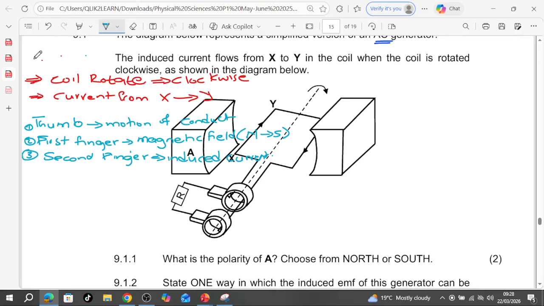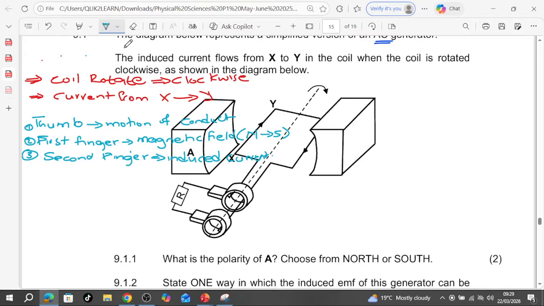Once you understand these 3 points, let us discuss the direction of the magnetic field.